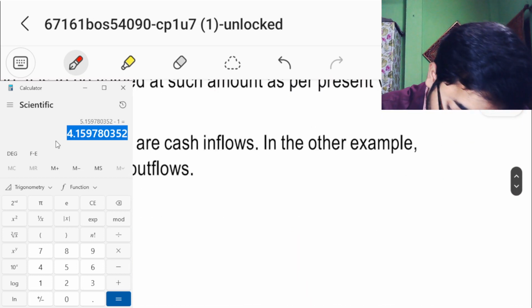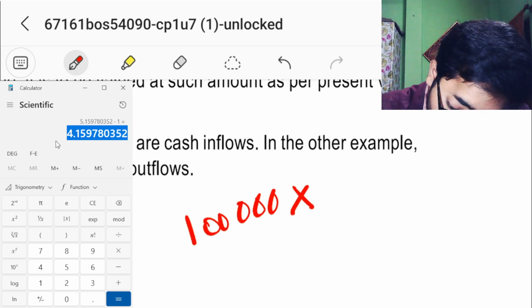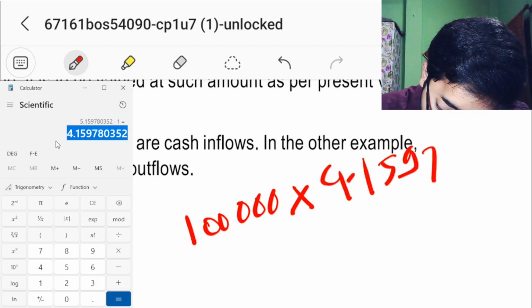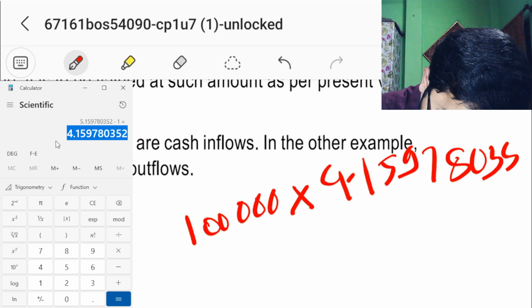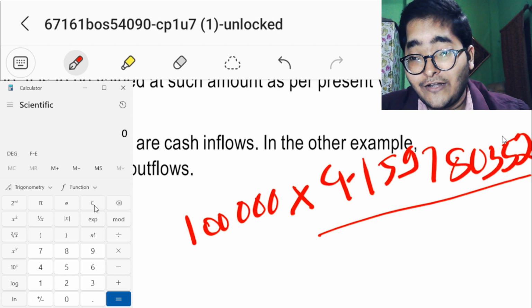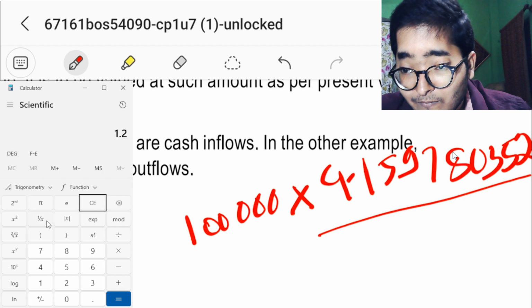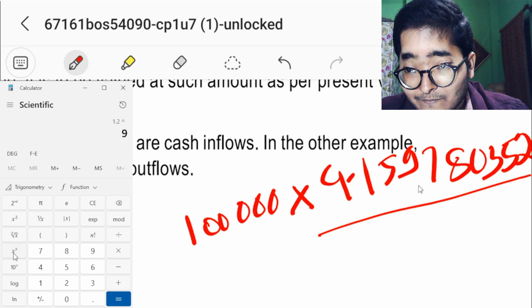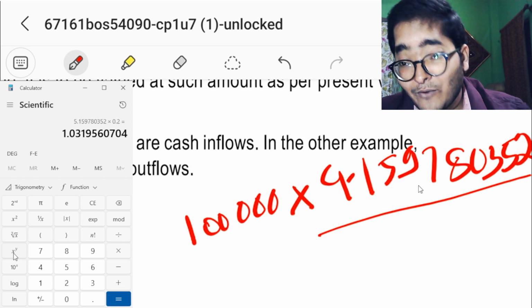Let's write it over here. 1 lakh into 4.159780352 divided by, now we are calculating our denominator, 1.2 to the power 9 into 0.2 equals 1.03.